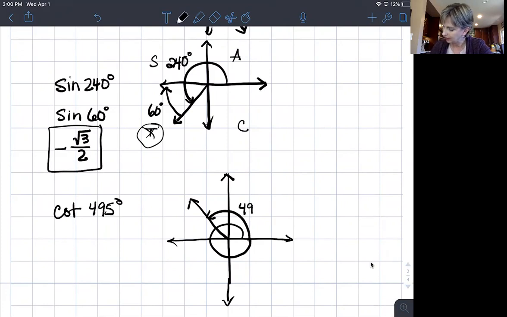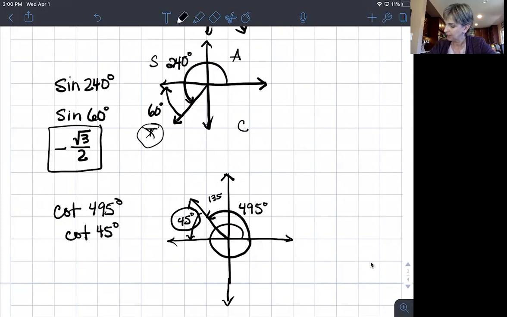What angle gets me to the x-axis the shortest distance? The difference between 180 and 135 is 45 degrees. So what I want is the cotangent of 45 degrees, in quadrant 2.